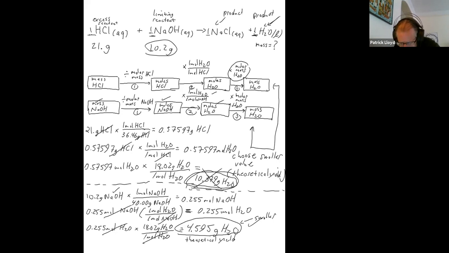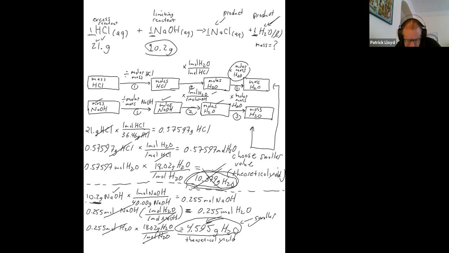And the theoretical yield, I'm going to round it now. It looks like we had 2 significant figures there. But that actually didn't get used in our final answer, right? The 21 wasn't used over here. It was used over here, but not here. The 10.2 was used over here. It's right there.